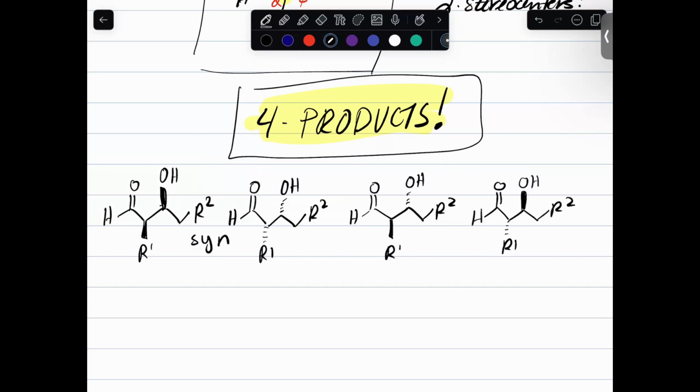And there are my two anti-products. So these are the four products that you will always observe from your Aldol reaction, right? But the overall goal is to make one out of the four. I don't want all four products.